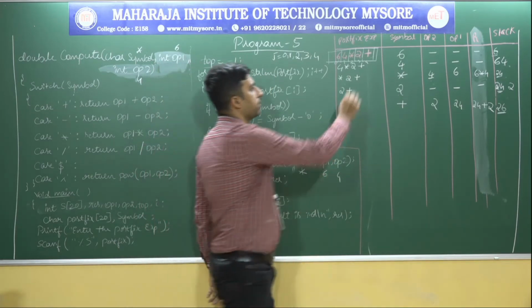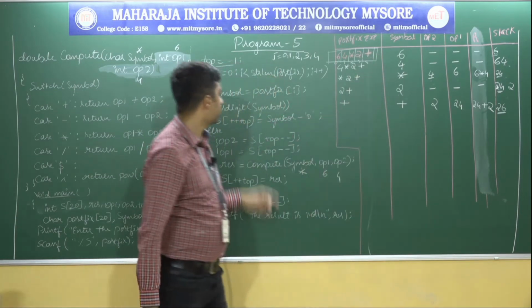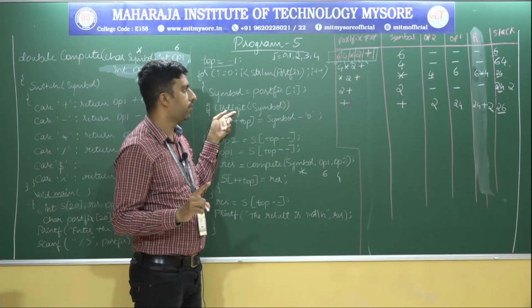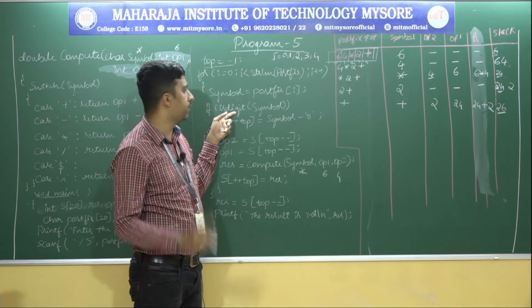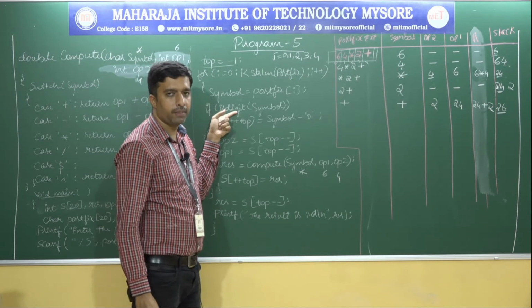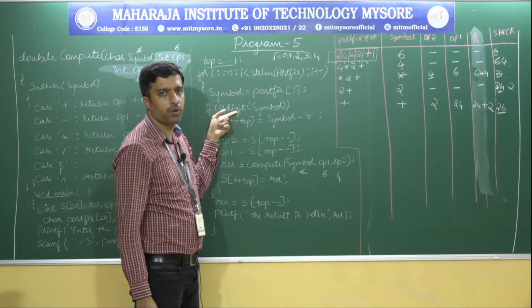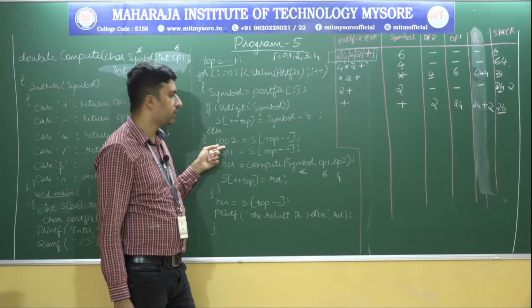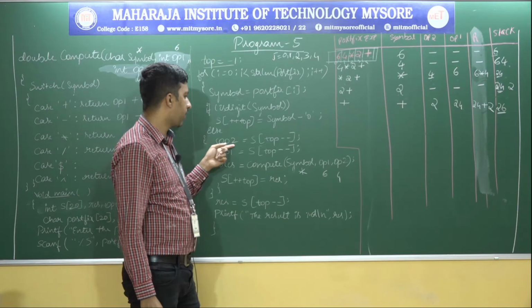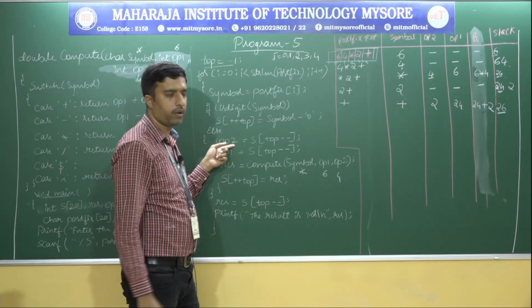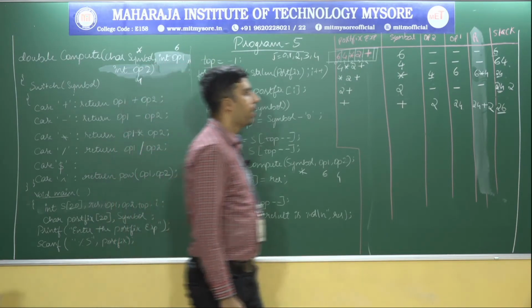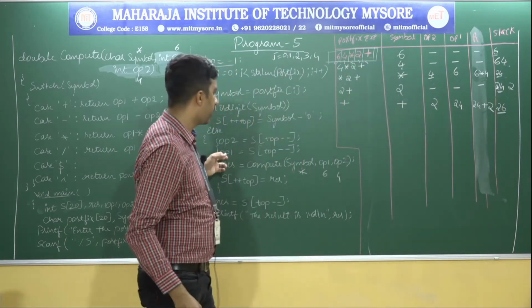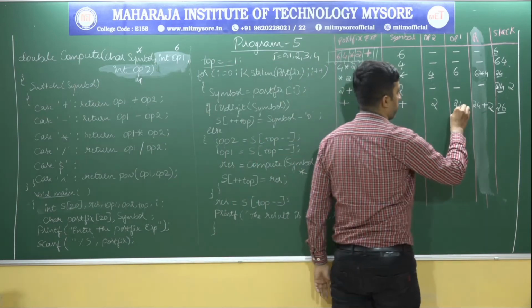Now the symbol is plus. Checking, is the symbol a digit? Plus is not a digit, so it goes to the else part. Operator 2 is popped out and results in 2, and operator 1 is popped out and results in 24.